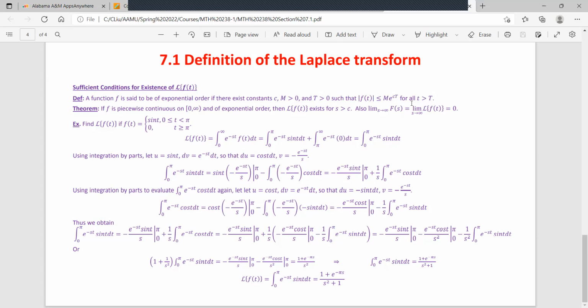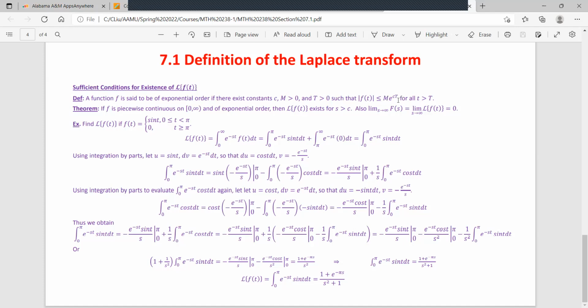So what it means is, if you draw the graph of f, t greater than capital T means all the part of the curve on the right of capital T. That piece of the curve should be bounded by the function m times e to the ct.